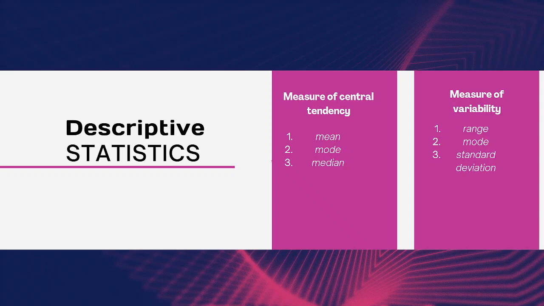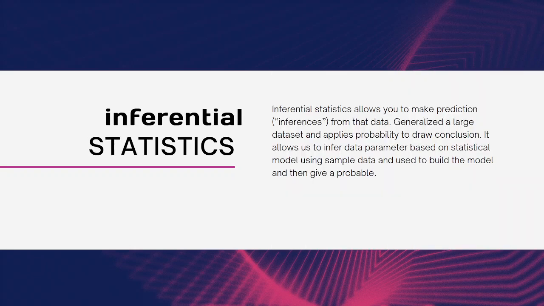Two categories come under descriptive statistics: measure of central tendency and measure of variability. In measure of central tendency, mean, mode, and median come, and in measure of variability, range, variance, and standard deviation. We will look at these one by one.